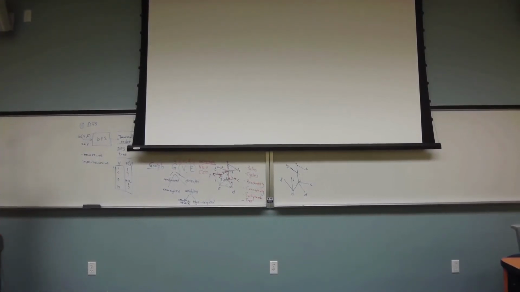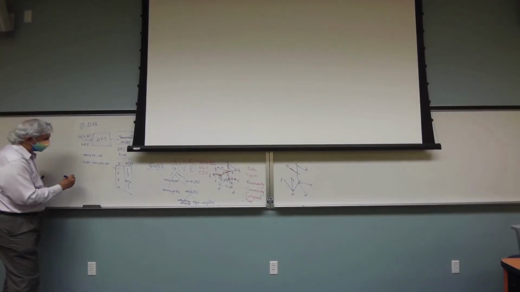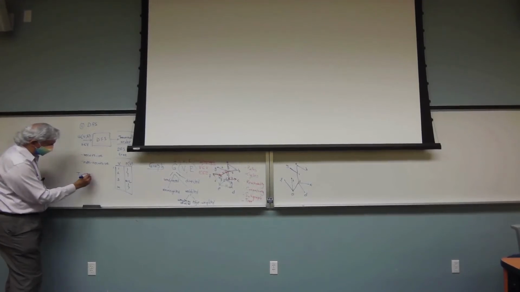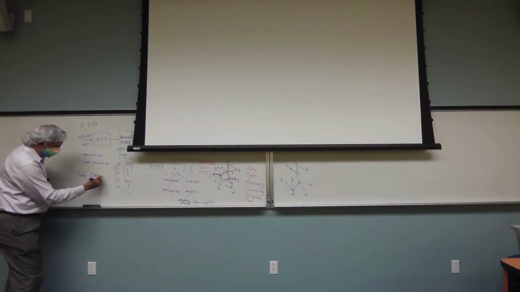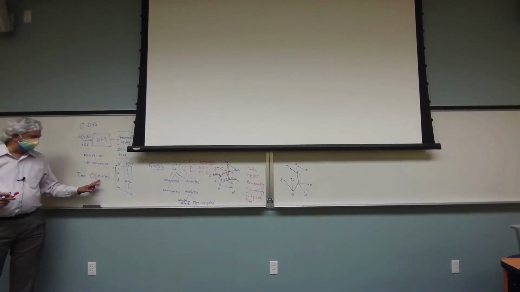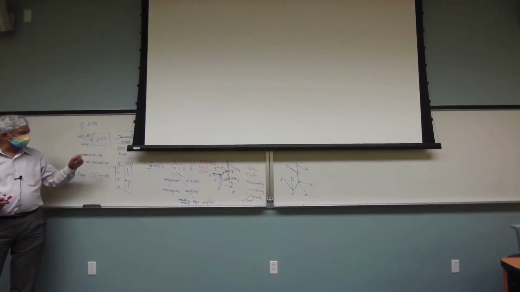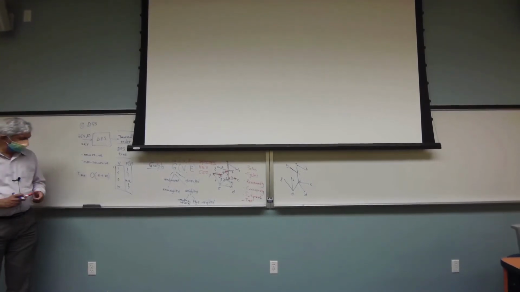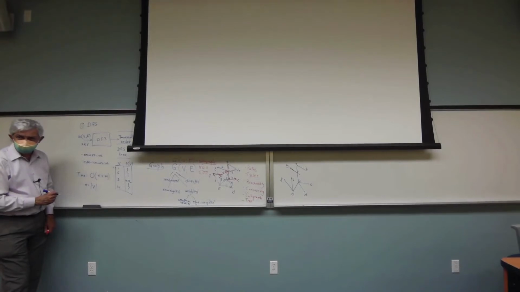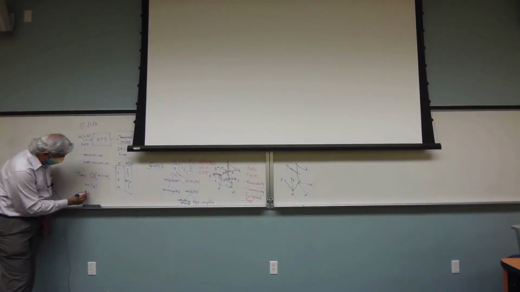Okay. And the time complexity of depth first search turns out to be n plus m, where n is the number of vertices in the graph. So n here is the size of the vertex set, and m is the number of edges.